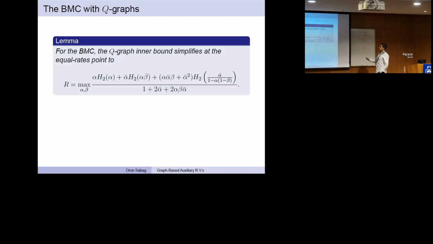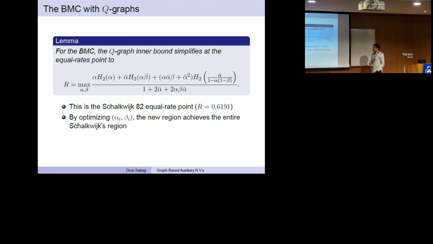So by continuing this derivation, we could show that the following equal rate is achievable by the general inner bound. And not very surprisingly, it achieves exactly the Schalkwijk 82 equal rate point 0.6191, which is the better number of the two from the previous slides.